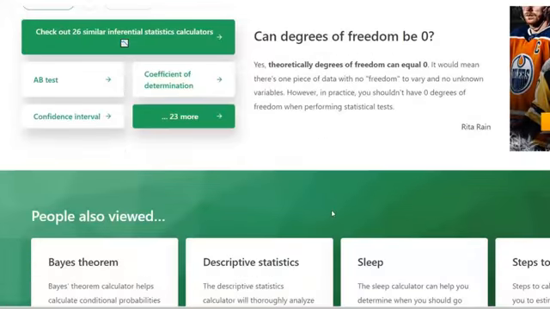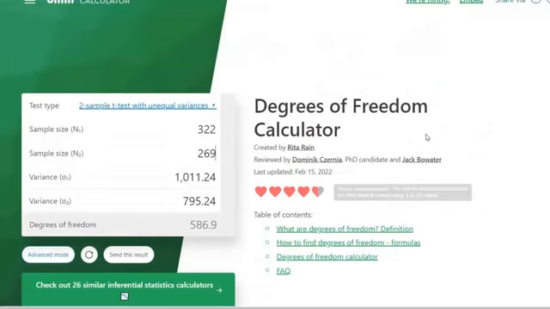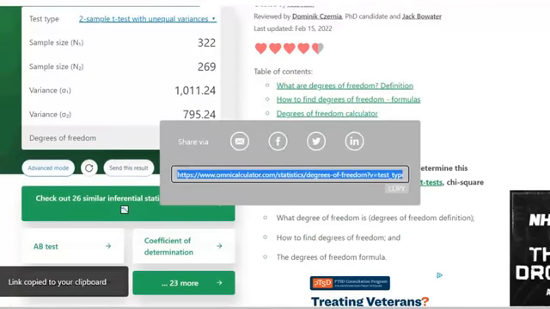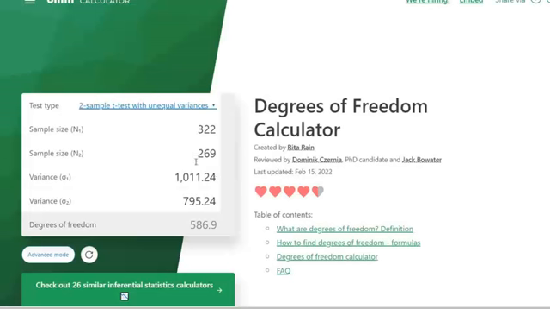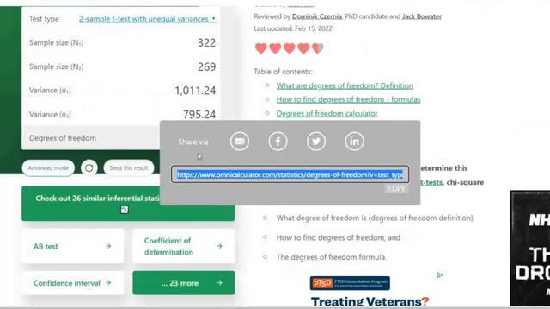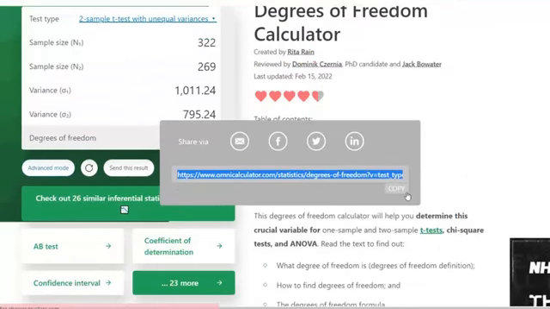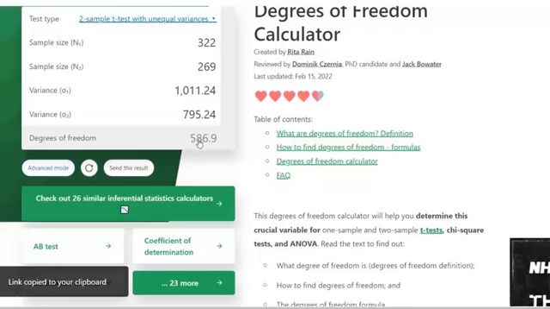There's no button. I just want to push a button to calculate it. Let's try send this result, and I'll copy that link and paste it in my web browser. Oh, it was right there, huh? I think it was right underneath this here. Yeah, it was right there.